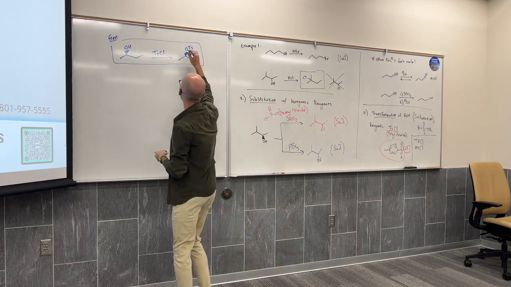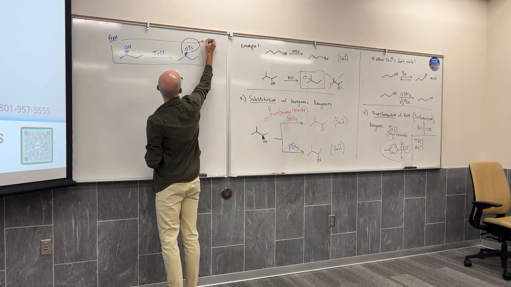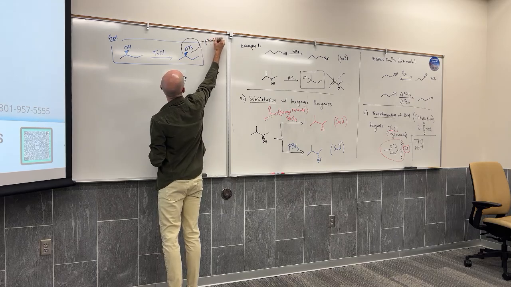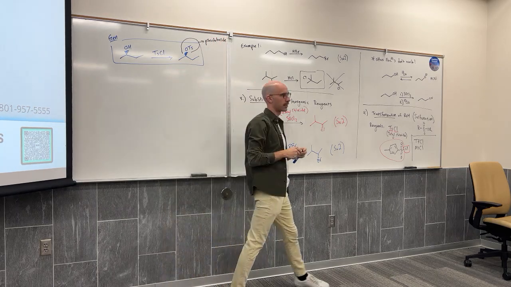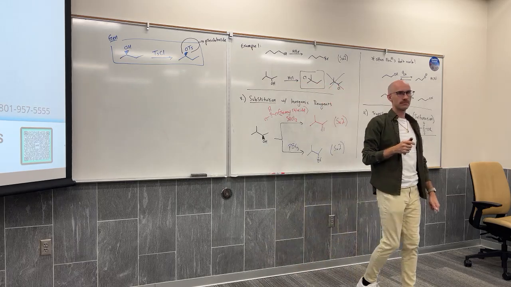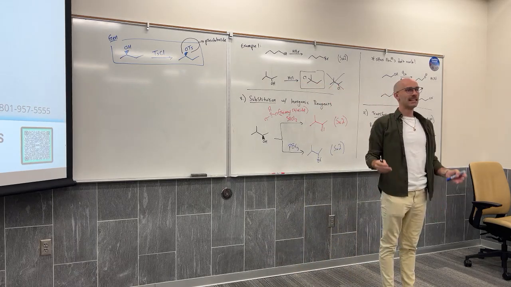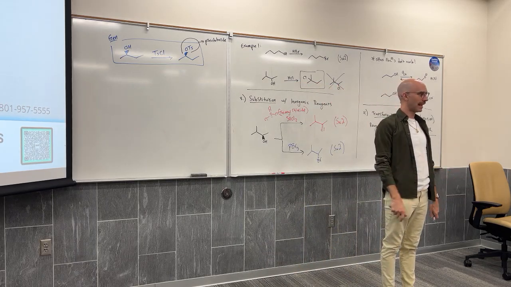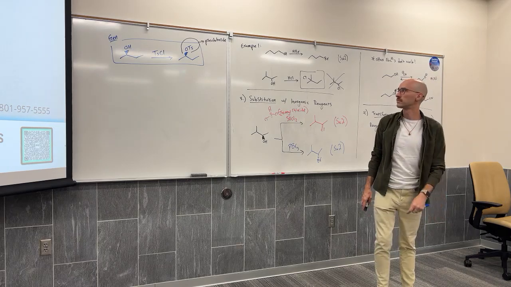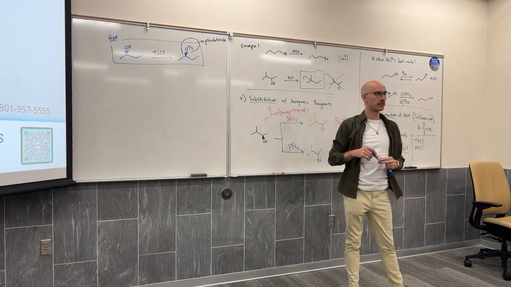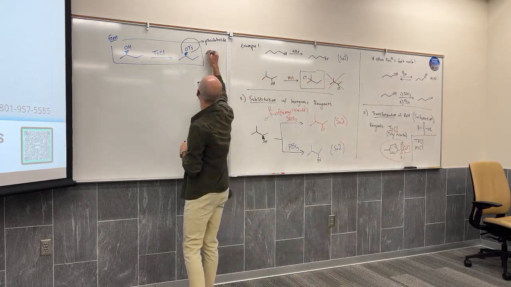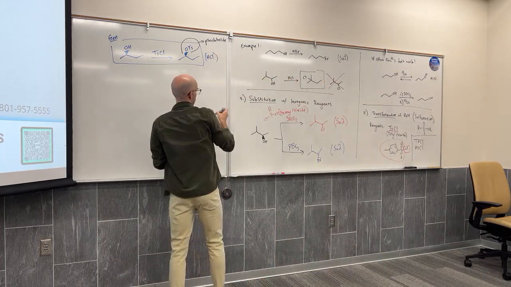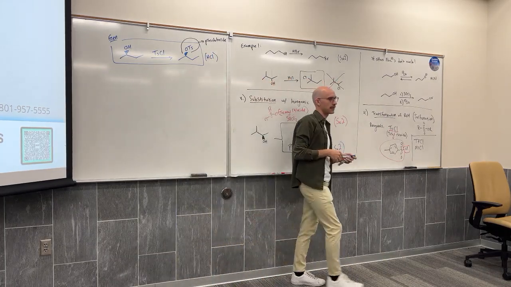A lot of people refer to this as a pseudo halide. What are they trying to get across there? It reacts like a halide despite it not being a halide. What's the byproduct of this reaction? HCl. Is this SN1 or SN2?